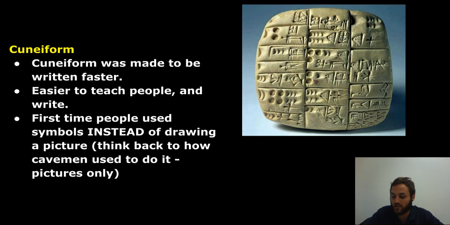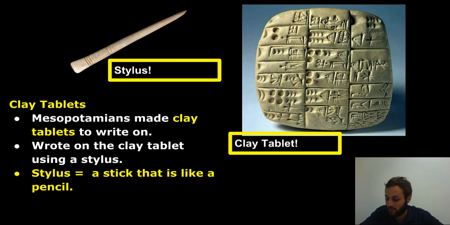We know that Mesopotamians had lots of mud because of their rivers, and they used mud for lots of things, including writing. Mesopotamians made clay tablets and wrote them with a stylus, a stick that is like a pencil. It just carved shapes in the clay. Once the clay dried, the writing remained carved in the tablet.